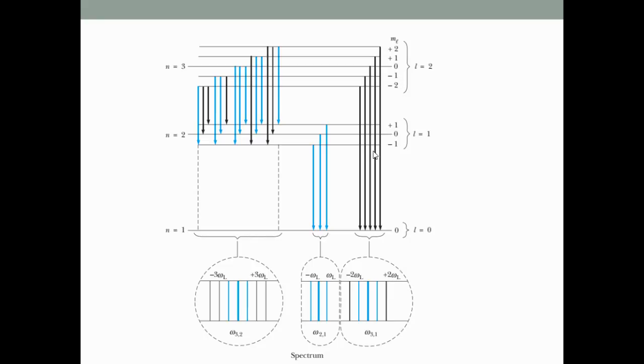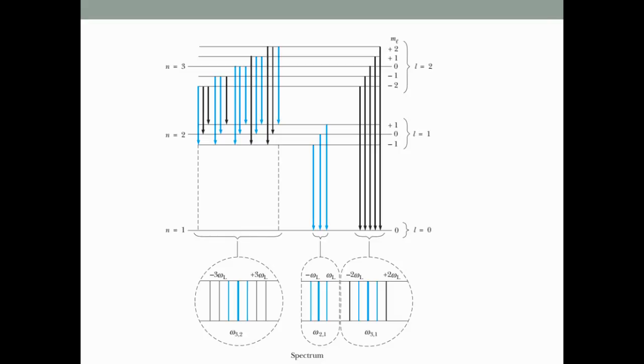And n equal to 2, L equal to 1, ml can have the values plus 1, 0 and minus 1. Here the transitions in blue color are the only transitions behind the Zeeman splitting.